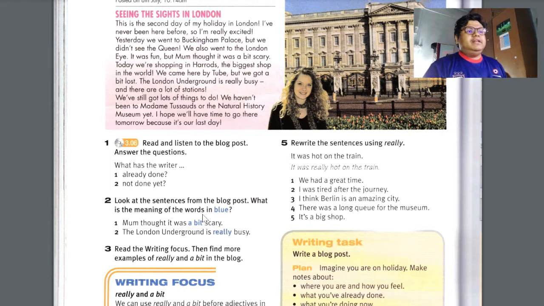But you can't really write that long, and the layout will not be as interesting as if you were to do it on a blog. So that's why people choose blog, but it's not really that famous here in Malaysia because we have Instagram, we have Facebook, we have Twitter. So people rarely use blog anymore. But this is how you do it.